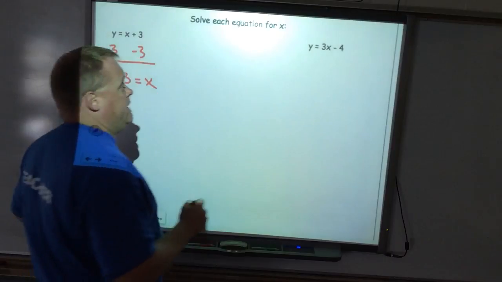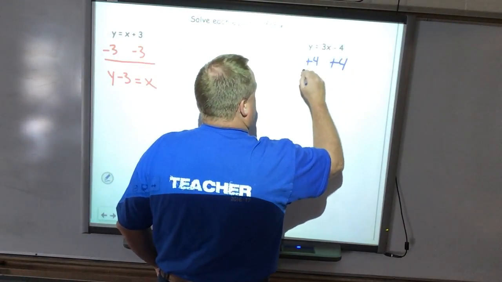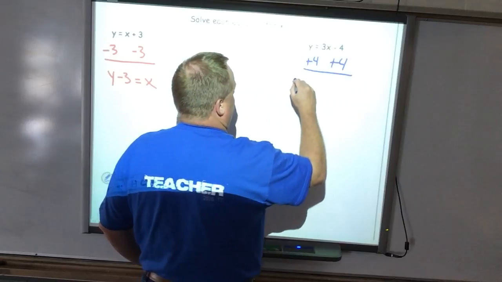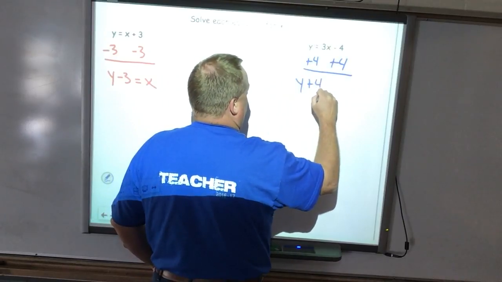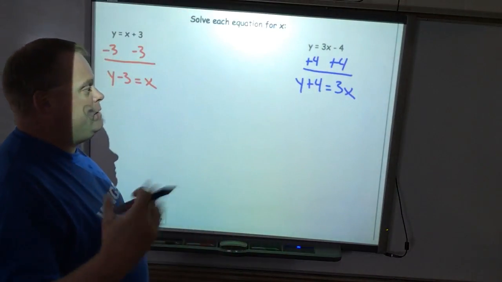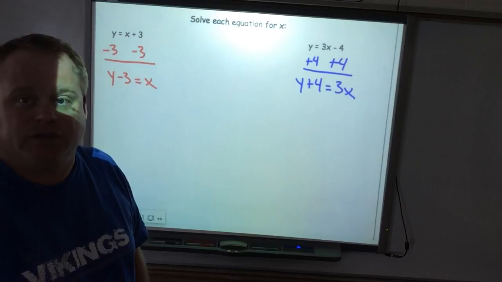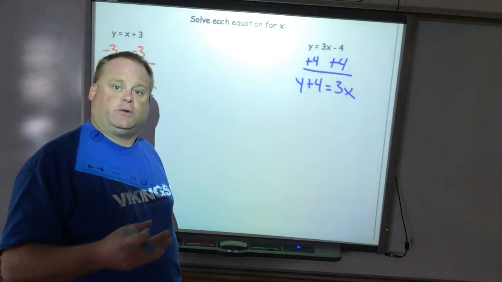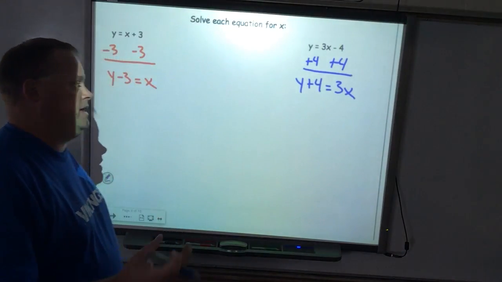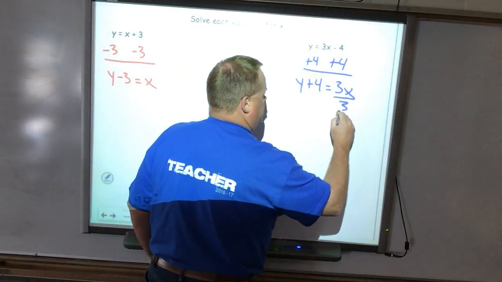So I'm going to add 4 to both sides. What I do to one side, I must do to the other. So this becomes y plus 4 equals 3x. Now remember that this x is attached to 3 by multiplication, so I want to divide by 3. The opposite of multiplication is division.